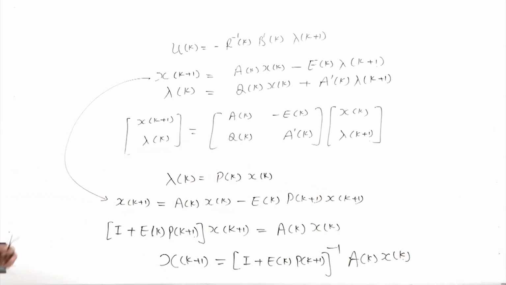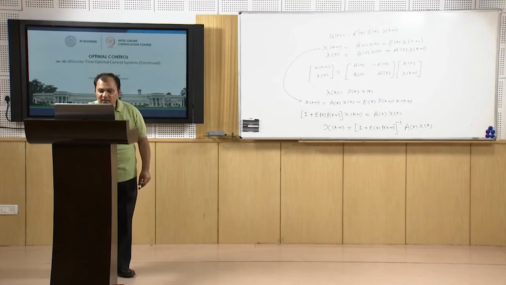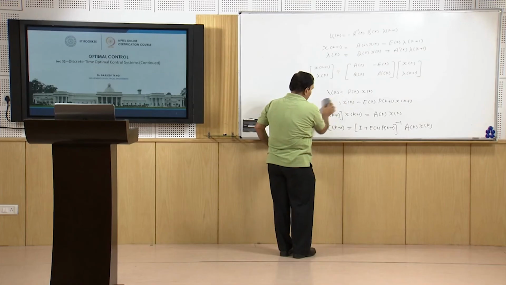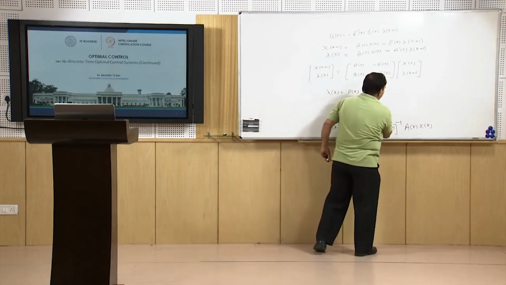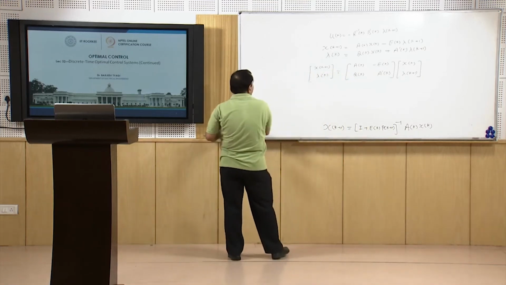So, this is my x of k plus 1. So, this means I am writing this x star k plus 1 as I plus E k P k plus 1 inverse A k x k.